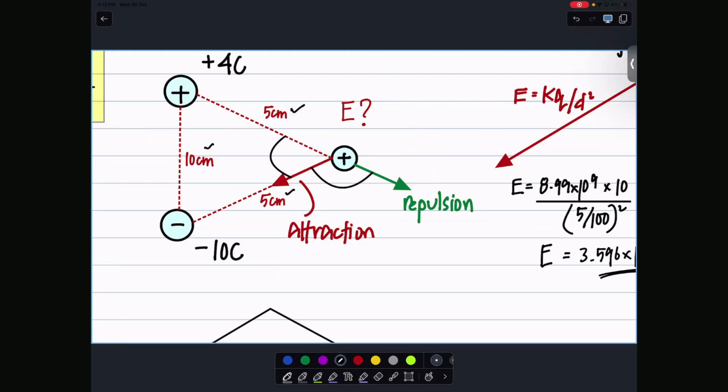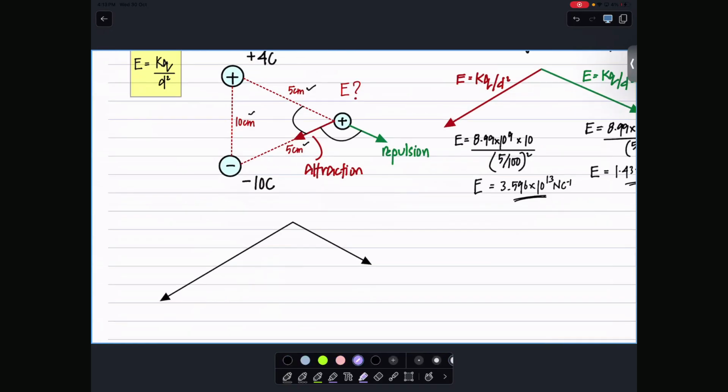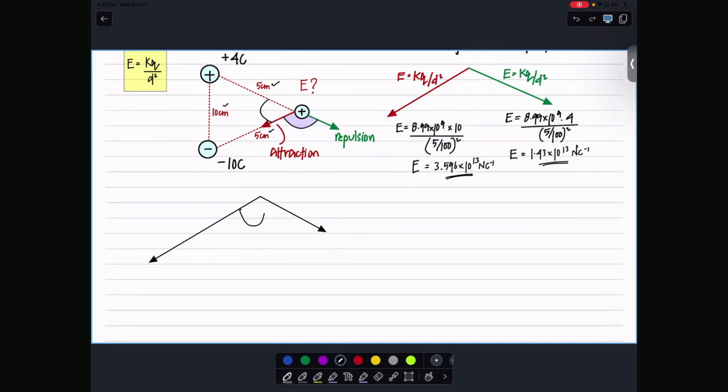So what value do you get? Can anyone see the angle? This angle. 180. How is the angle of a triangle 180?